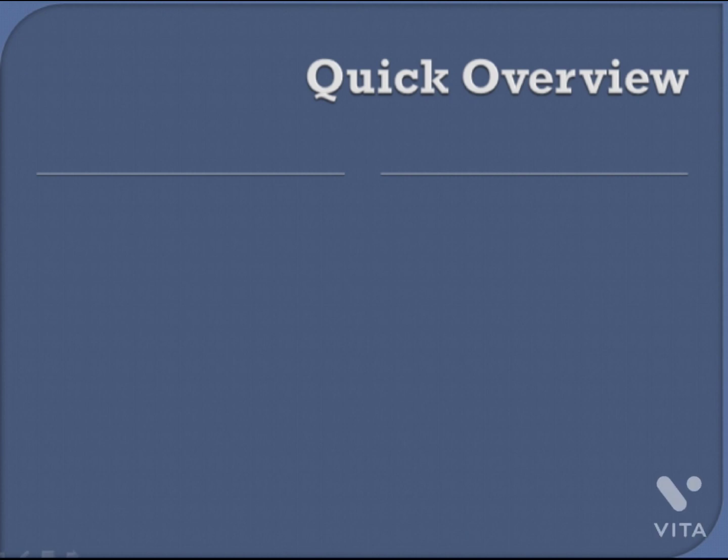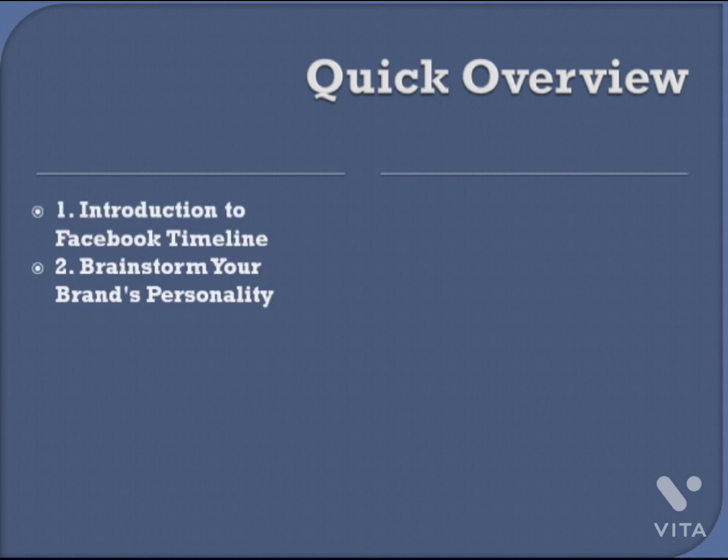Now here's just a quick overview of this video series as a whole, so you understand what we're going to talk about and how all the pieces of the puzzle fit together. And I guarantee you, once you understand this, you'll be able to put everything together fairly quickly. So this is video number 1. Video number 2, we're going to talk about brainstorming your brand's personality.